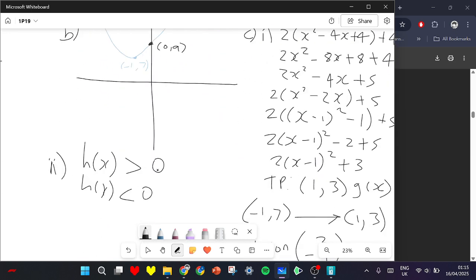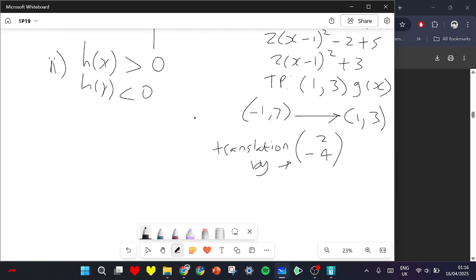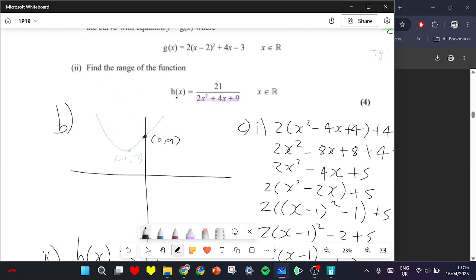But we know this because the function is 21 divided by all of this, right? Whenever you're doing a number divided by something else, there's no way for this to equal 0 by changing the denominator. The only way this can equal 0 is if you have a 0 on the top. I don't really know how to explain it, but that's just something you need to know. If you don't have a 0 on the top, then this can never equal 0. So that's why it's going to be like this.